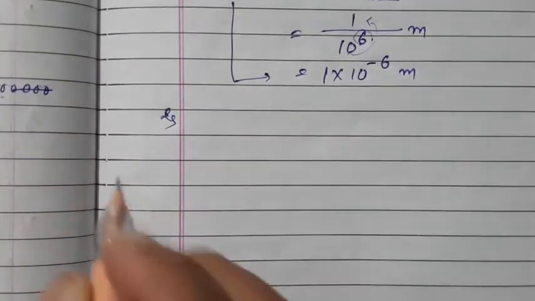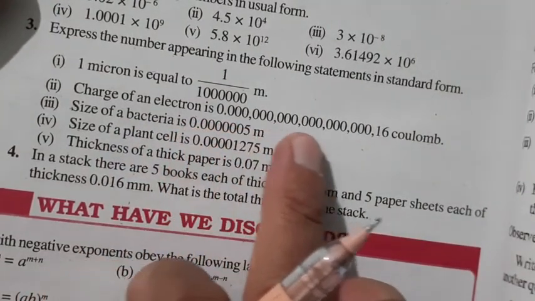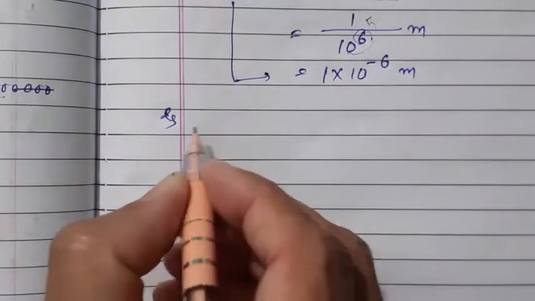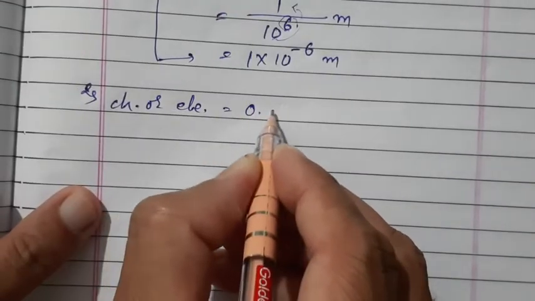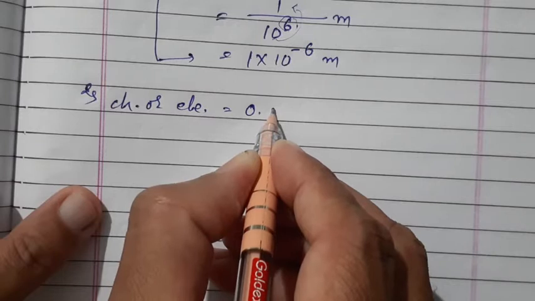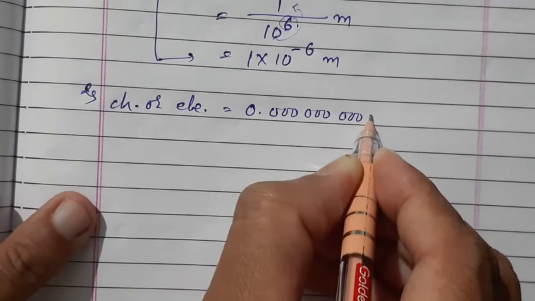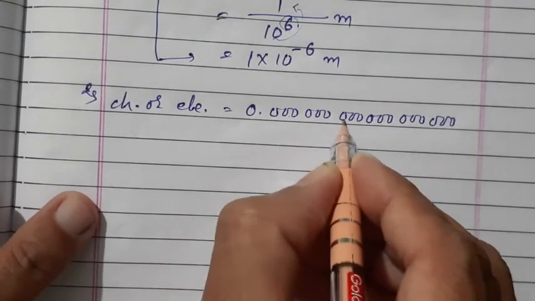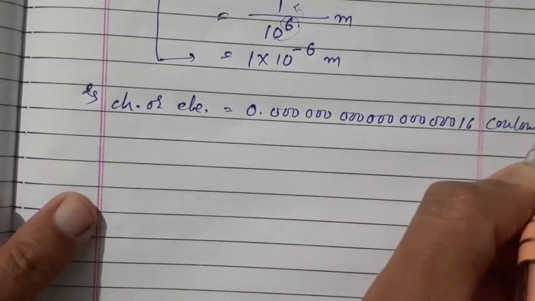Okay. Number 2. Charge of electron is 0.0000016 coulomb. So charge of electron, you just write down that one. 0 point, then 18 zeros are there. Count that one. 1 2 3 4 5 6 and 1 6 coulomb.